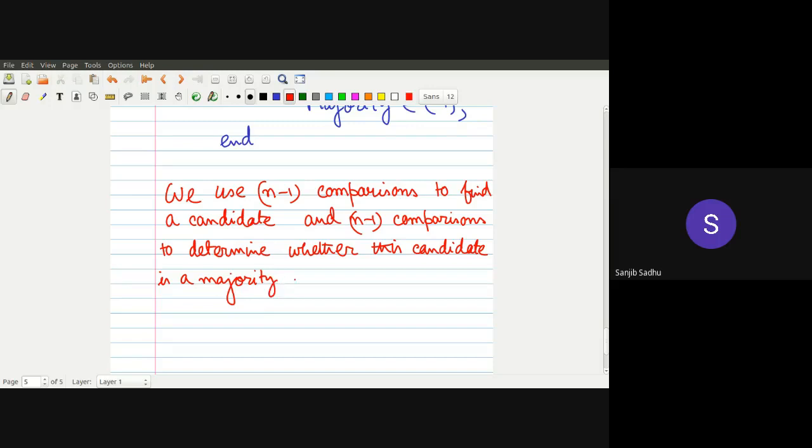So at most 2 into n minus 1, meaning 2n minus 2 comparisons are required. So the time complexity will be linear.